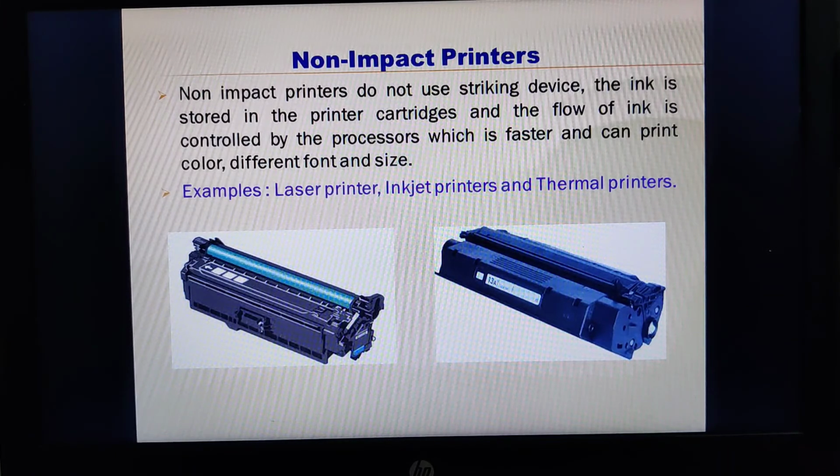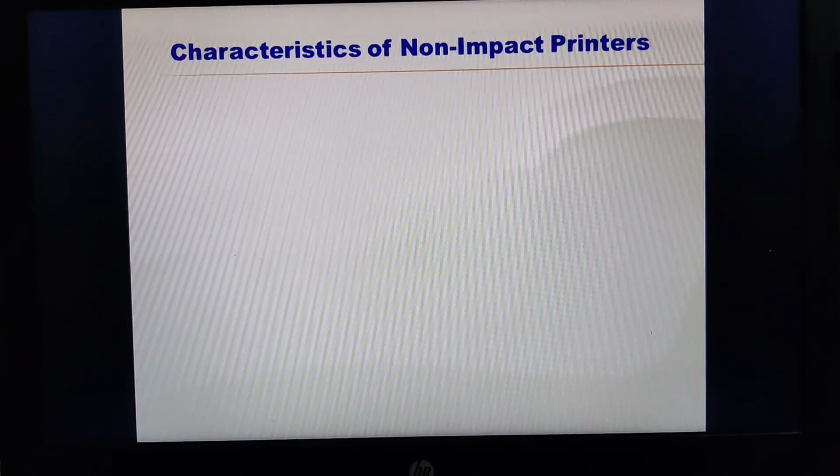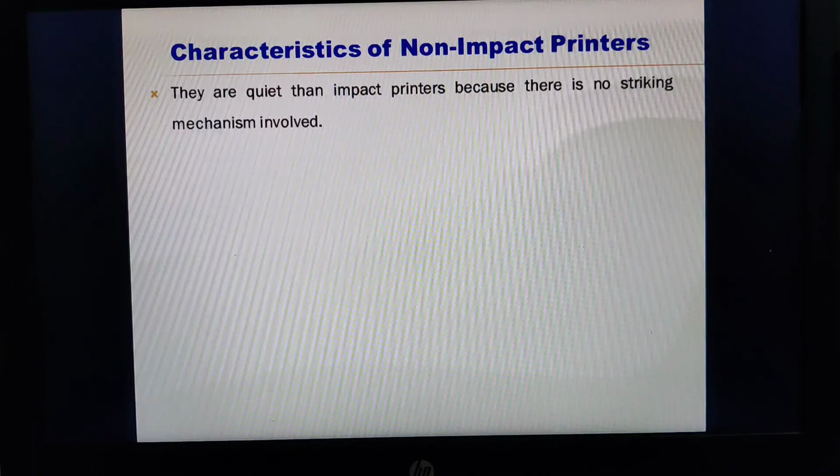Now let us discuss the characteristics of non-impact printers. The first characteristic is that these non-impact printers are quieter compared to impact printers because there is no striking mechanism involved.